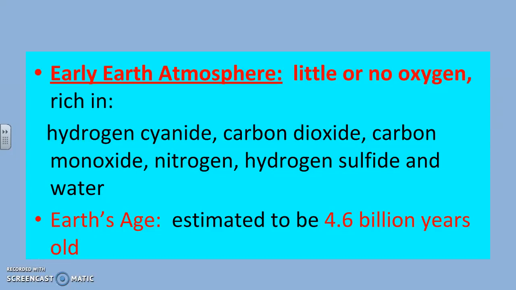But there was no oxygen. And Earth is estimated to be about 4.6 billion years old. So number 41, Earth's early atmosphere was missing oxygen. And then 42, Earth is thought to be 4.6 billion years old.